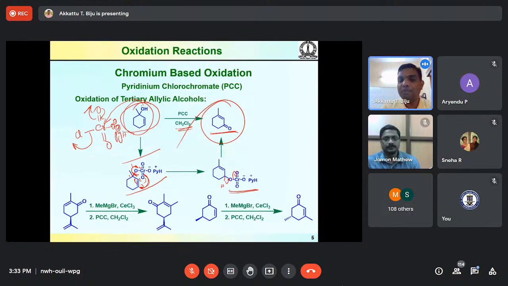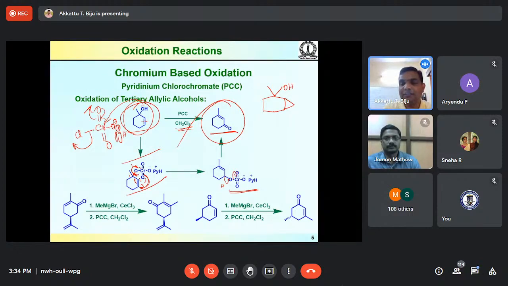It is also possible that instead of an allyl alcohol, we have this substrate. Assume that we have this substrate. So in this case, earlier in the case of the allyl alcohol, this C-O bond will cleave.